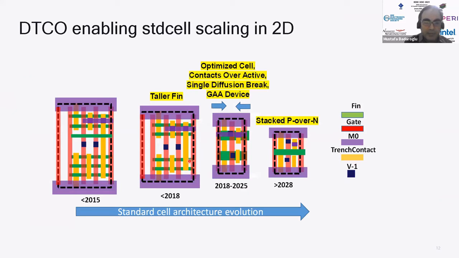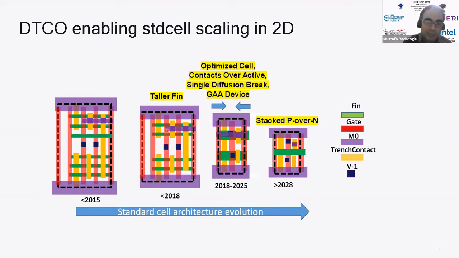So on the DTCO side, this is a simple cartoon explaining how the area scaling happens with the DTCO. Although the pitch has not been scaling very, very aggressively, still the device size was reducing. Basically logic routed size, block size was reducing quite impressively. First generations, it was done by the fin depopulation.